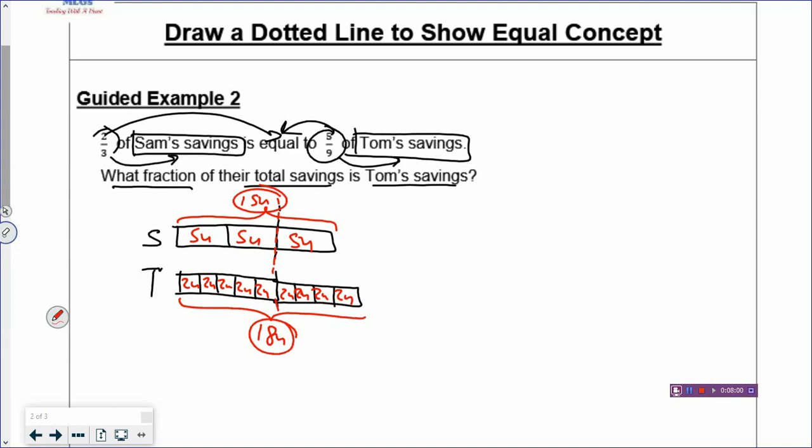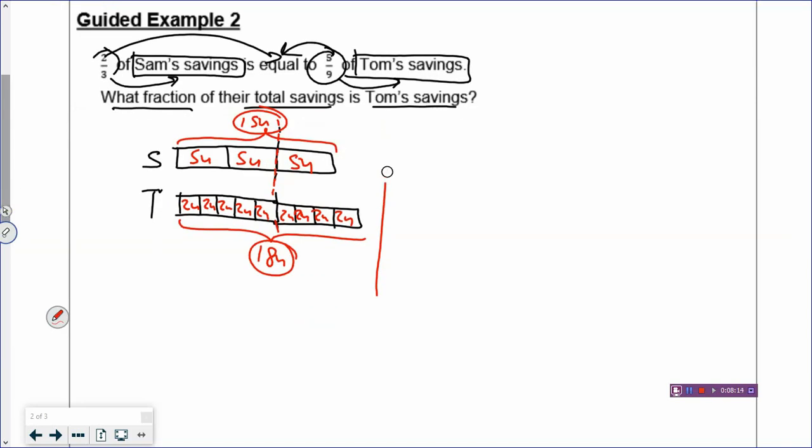So actually we drew Tom's rectangle longer, which is correct, because Tom has 18 units, and that's more than Sam. Now can we get a fraction? What fraction of their total savings? Can you find their total savings? Their total savings is 15 plus 18, which is 33 units. That's their total savings.